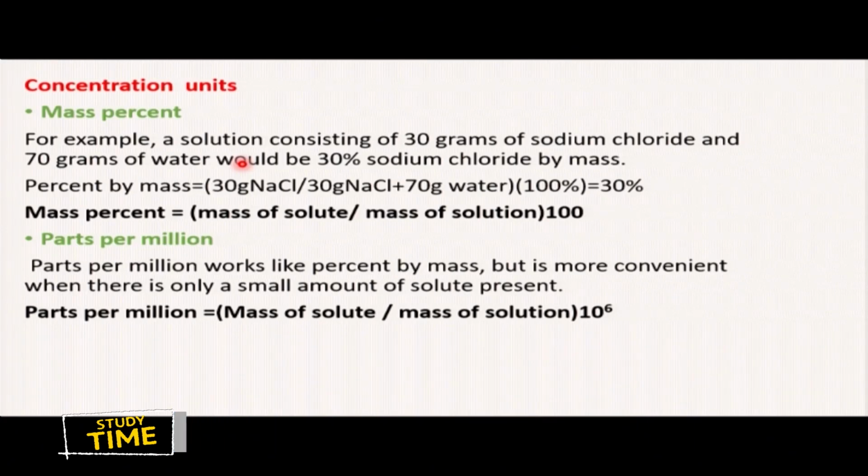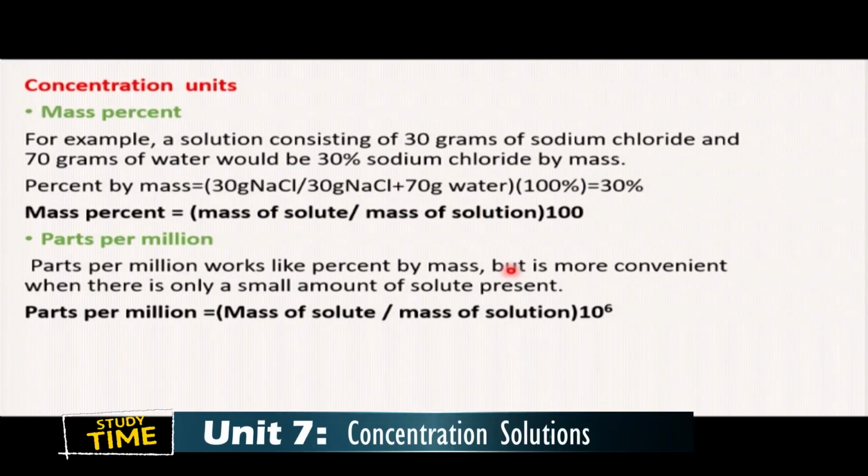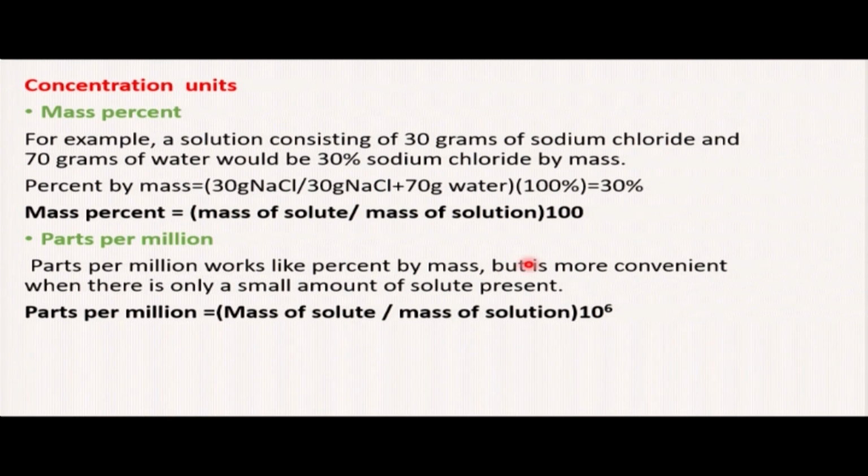And what do we mean by mass percentage? For example, I've just given you an example. You have 30 grams of sodium chloride. Sodium chloride is the table salt, you know. And then you add 70 grams of water. So the water is also expressed in terms of mass. 70 grams of water.